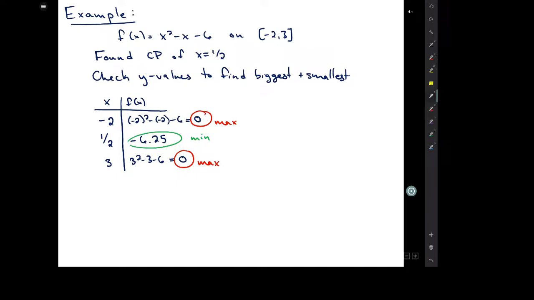This is perfectly fine. And so the way that we write this, is that we have a global max of y equals 0, but it happens at 2 different x values.